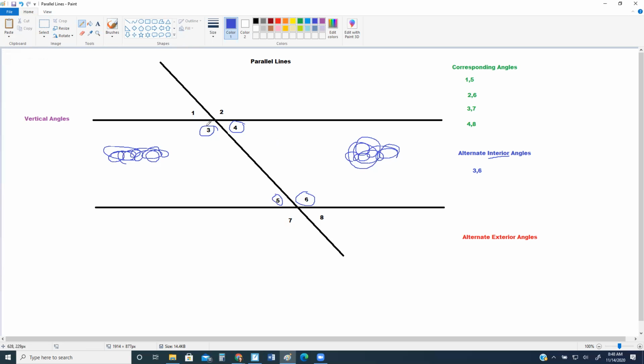And the reason that they're going to be congruent is because there's a rigid transformation that takes one to the other, but also because 1 and 5 are congruent and 1 and 4 are congruent. We're going to talk about that one in a second. Or actually 3 and 7 are congruent, 4 and 8 are congruent, and they all have to be congruent. I'm tripping over my words here.